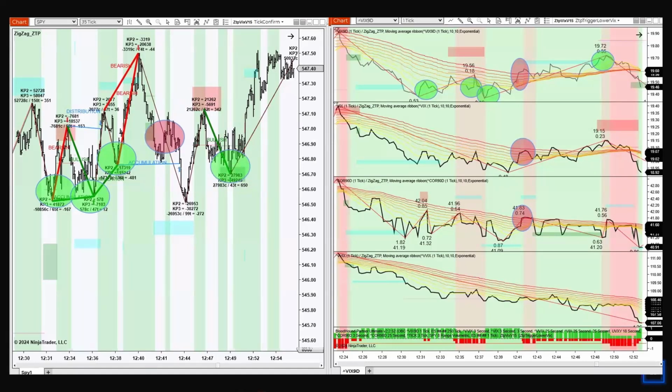To summarize, the most important chart to me is this VIX chart here on the right, because I want to see how the options are reacting to each price level where I have to make a trading decision.